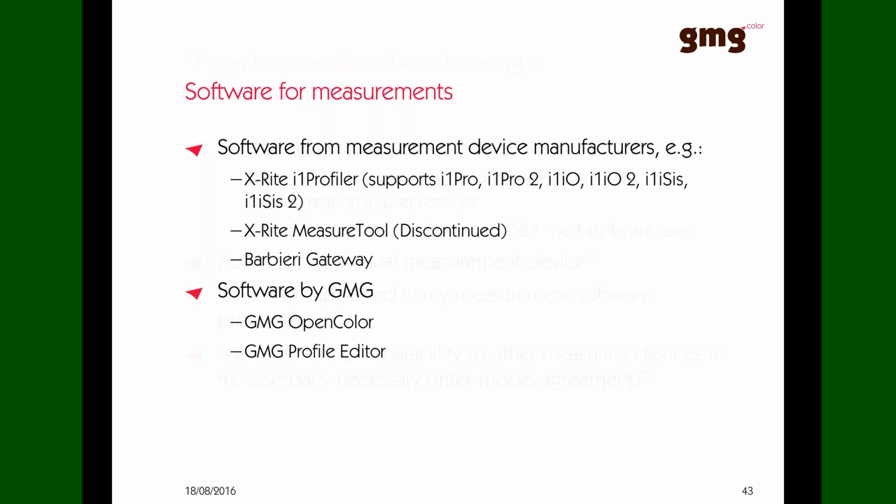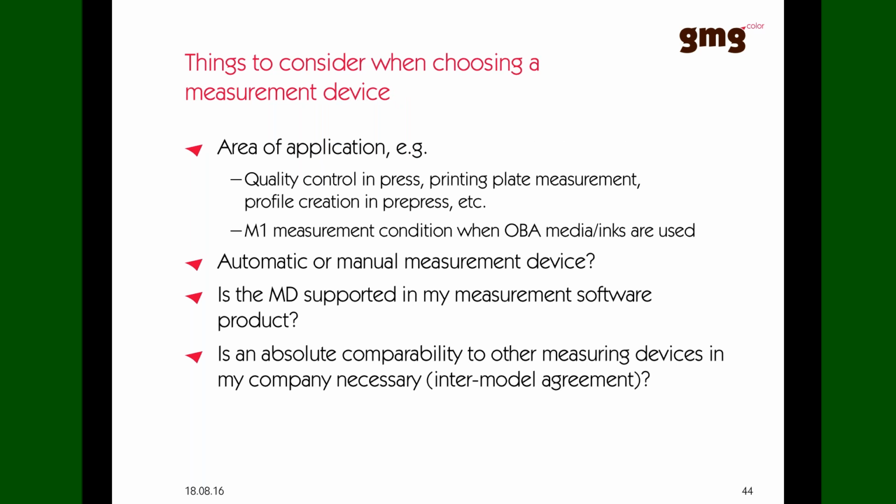Now the last slide, basically. When you're considering buying a measurement device, when you're choosing a new measurement device, there are a few things you need to consider. First, you have to consider the area of application of the measuring device. Do you want to use it for quality control in press, or for printing plate measurement, or for profile creation in prepress?